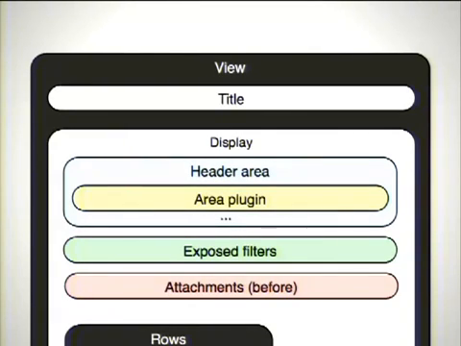In the display itself, there's the header area, which can have 0 or more area plugins in it. An area plugin is often just some custom text. It can also be another view. You can embed a view as an area plugin. It can also be a result summary and a few other things if you extend views with additional modules.